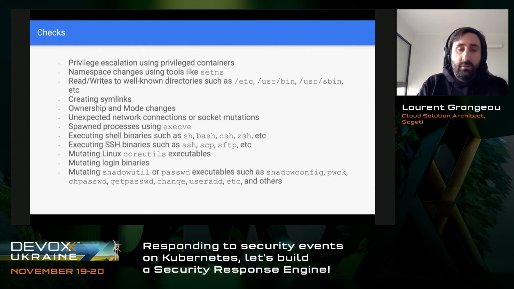Or you can also intercept binaries like shadowutil or passwd, because if you change the password in a container, it's not important. But if you are doing it on VMs, it can be really important if you are going to change the password.